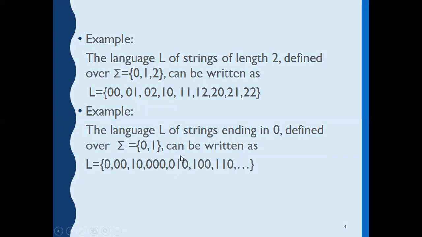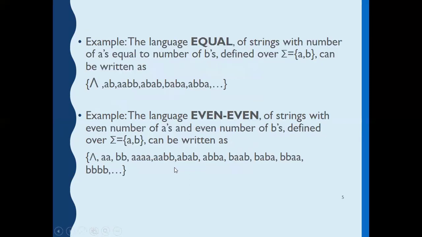In the next example, this is a language L of strings ending in 0. This will be the language in which the words end with 0, defined over the alphabet set 0 and 1. All your words will end with 0. Now this will be an infinite language because many different kinds of words will be generated, but importantly they will all end with 0: 0, 00, 10, 000, 010, and so on.